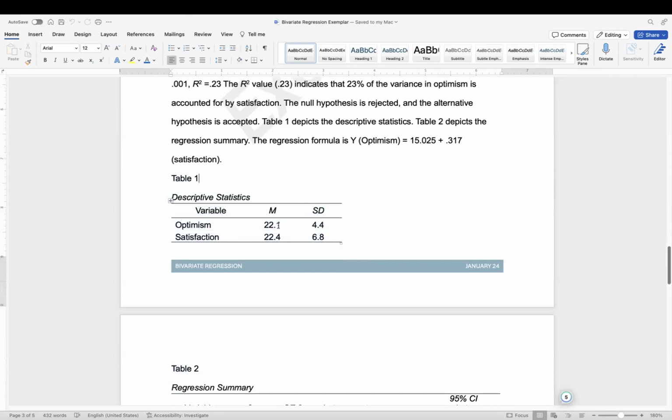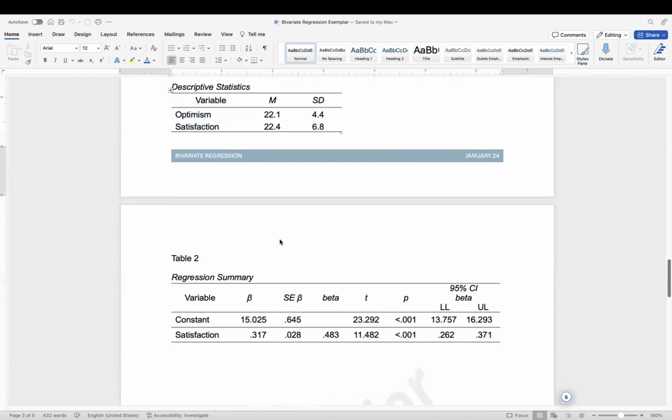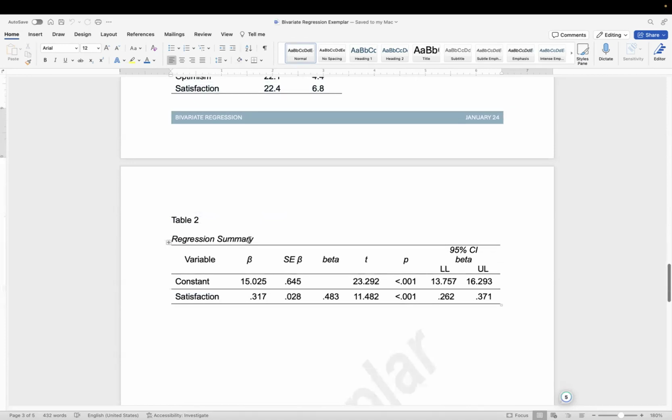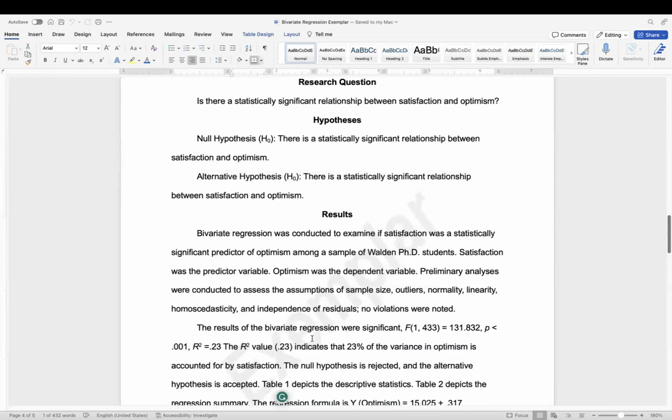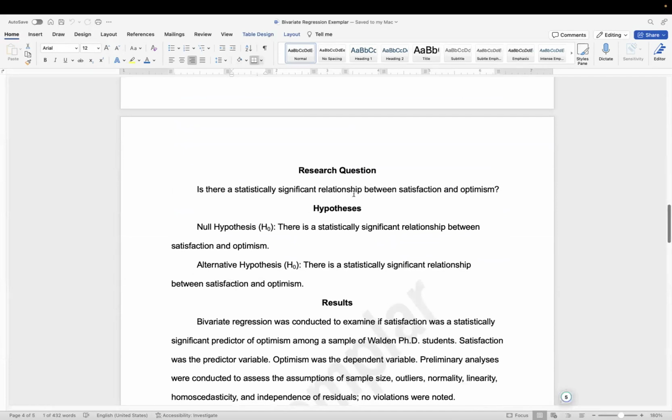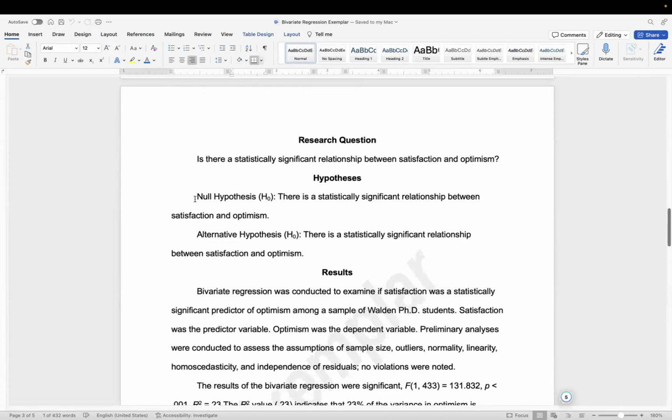So the average score was 22.1, satisfaction 22.4, etc. And then a regression summary table is required for the regression. And remember, this is just from the SPSS output. Remember, that's that slope for the constant, the slope for satisfaction, etc. And that's pretty much complete. Here again is a research question: relationship between satisfaction and optimism, your null and your alternative hypotheses.